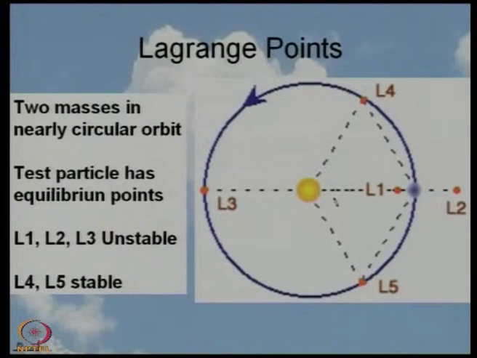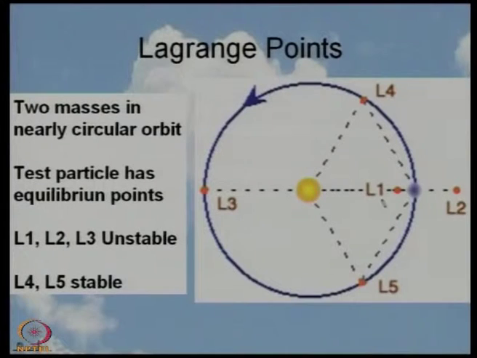The planets we know are in nearly circular orbits. So, this is the sun, for example, and this could be the Earth or Jupiter.